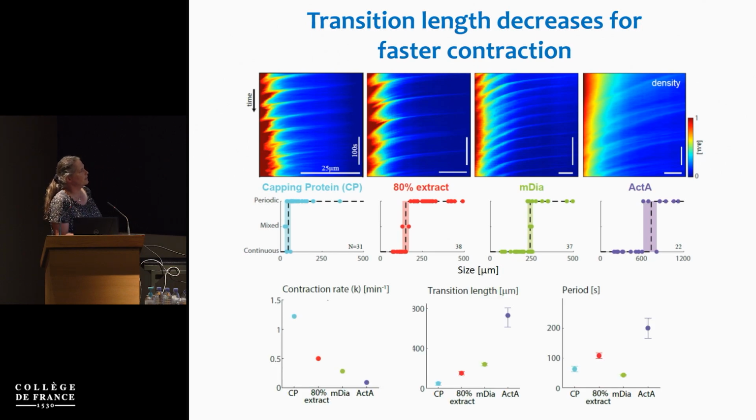What we see is that this transition length actually depends on the contraction rate. Changing these conditions, adding capping protein or adding different types of nucleators, the contraction rate decreases going from here to here. So we have decreasing contraction rate, and this comes along with increasing transition length. So the faster the contraction, the smaller the droplets in which we see the transition, and you see that the periodicity actually doesn't depend in a simple way on the contraction rate.